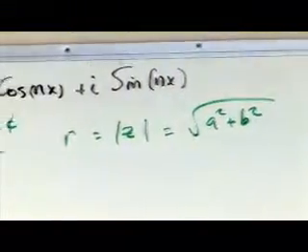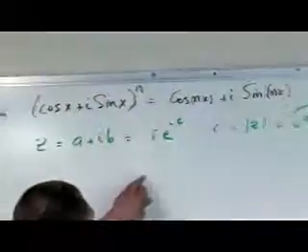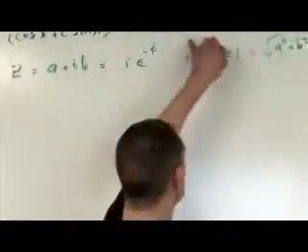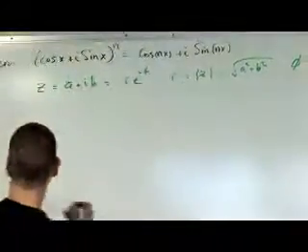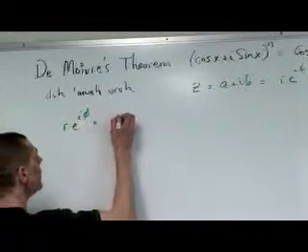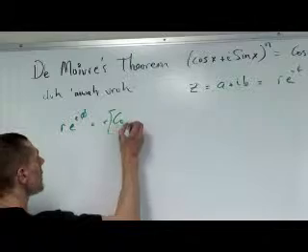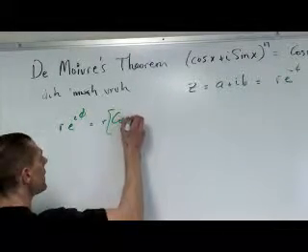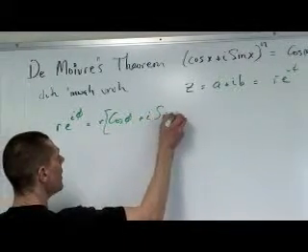Another thing: r e to the i theta is equal to r times cosine theta plus i sine theta.